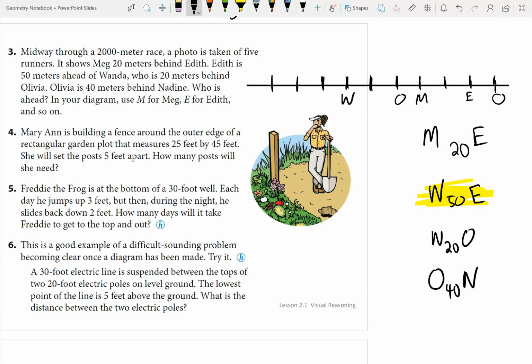Is that right? Okay, I think that's it. We got it.